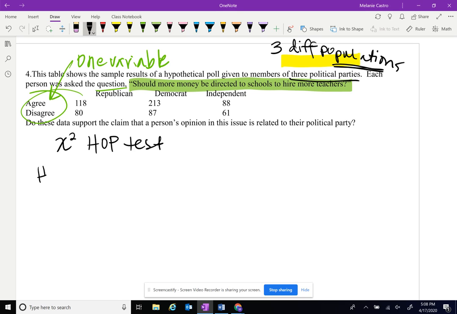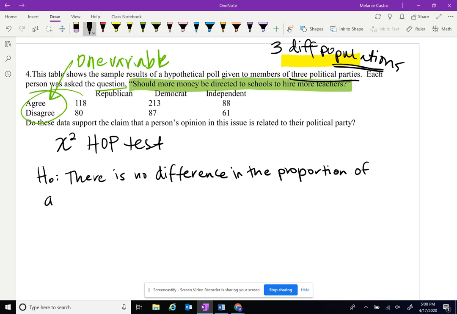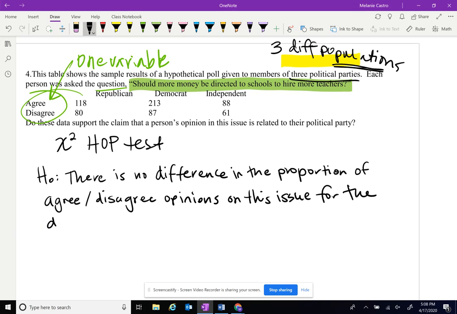So our H0 in this case should be that there is no difference in the proportion of agree or disagree opinions on this issue for the different political parties.